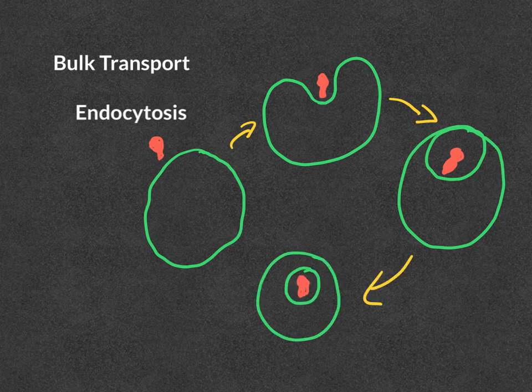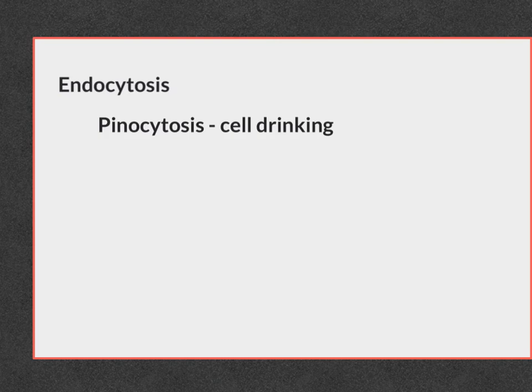There are three types of endocytosis. One is pinocytosis. This is referred to as cellular drinking because the majority of what the cell takes in is fluid. Phagocytosis is referred to as cellular eating because the majority of what the cell would take in are particles.